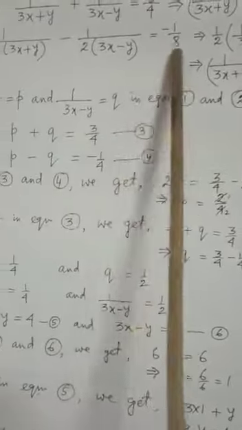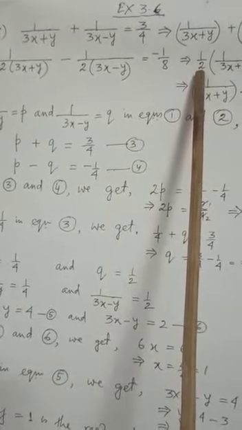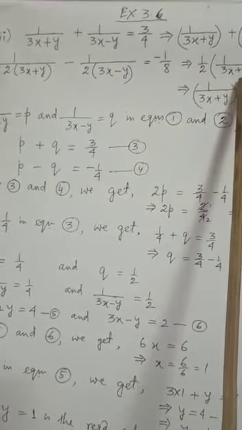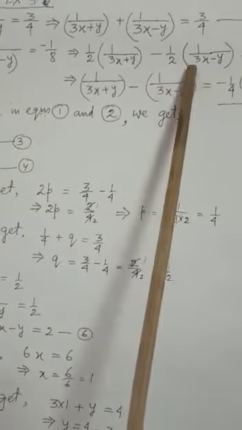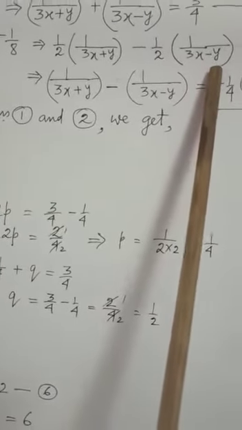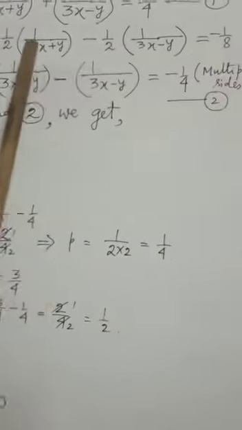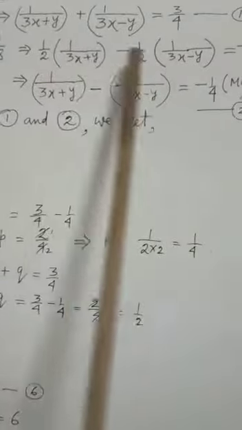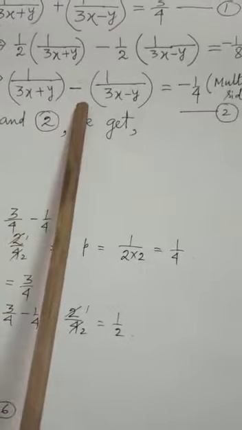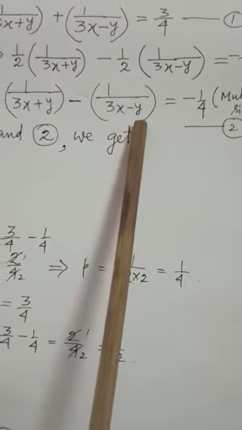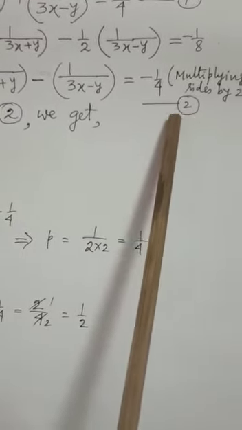And from this equation, after arranging the terms, we can say 1 upon 2 into (1 upon 3x plus y) minus 1 by 2 into (1 upon 3x minus y) is equal to minus 1 by 8. Now multiplying both sides by 2, we get 1 upon 3x plus y minus 1 upon 3x minus y is equal to minus 1 by 4. Suppose it to be equation 2.